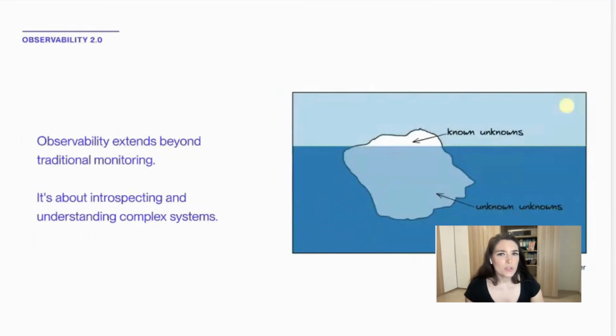Issues and problems in distributed systems are often nonlinear, difficult to predict, and rarely isolated. So it makes it very hard to anticipate every potential failure or create a dashboard for that. The objective of observability is to empower teams to reveal unknown unknowns, and not just know that there is an issue, but why something is happening and how to prevent it in the future.